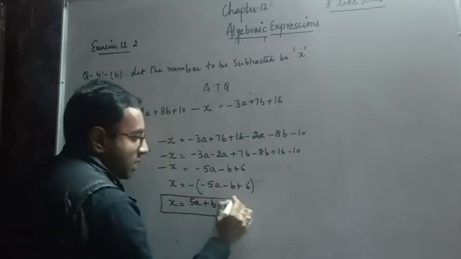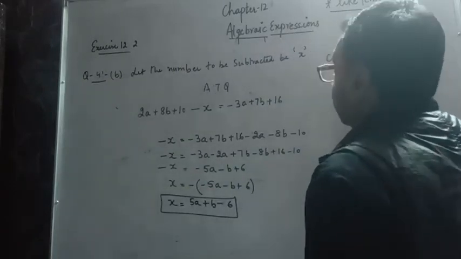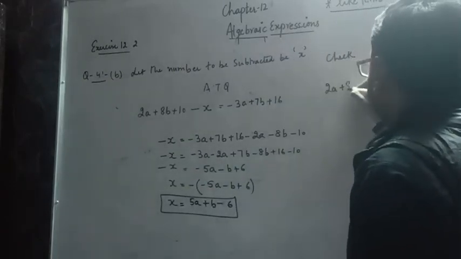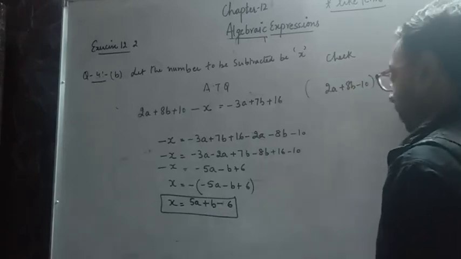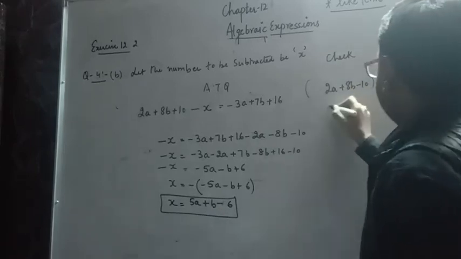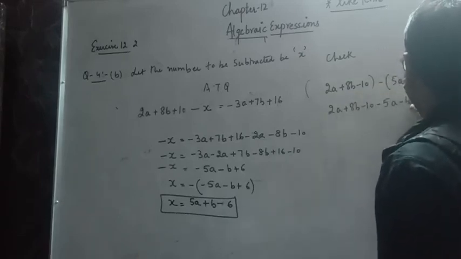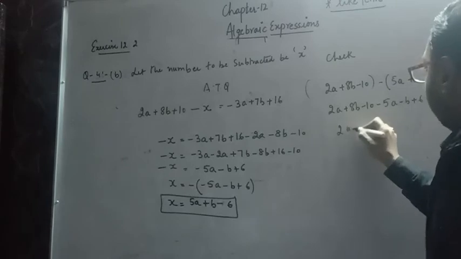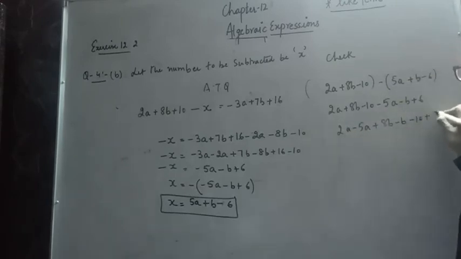So what is the value of this? Let's check again. Subtract 5a plus b minus 6 from 2a plus 8b minus 10. Open the bracket: 2a plus 8b minus 10 minus 5a minus b plus 6. 2a minus 5a, 8b minus b, minus 10 plus 6.